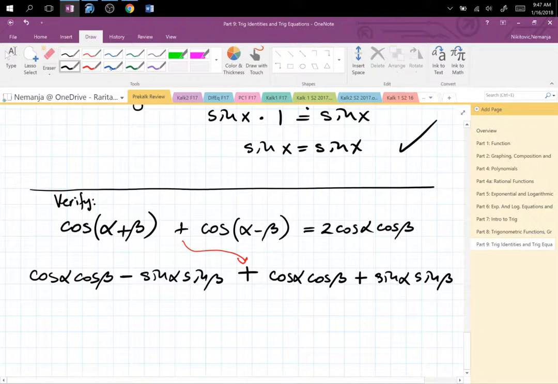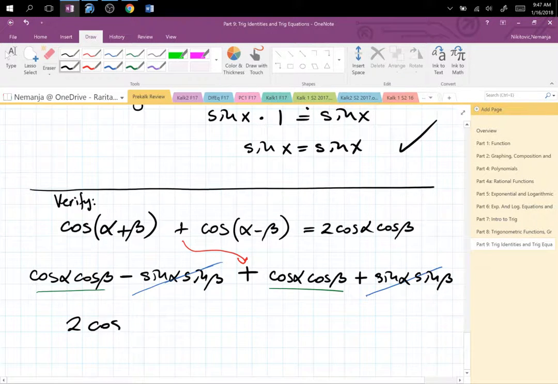Please observe that the blue terms are identical and have opposite signs, therefore they cancel. And the underlined terms are the same with the positive sign, so that's like apple plus apple is 2 apples.